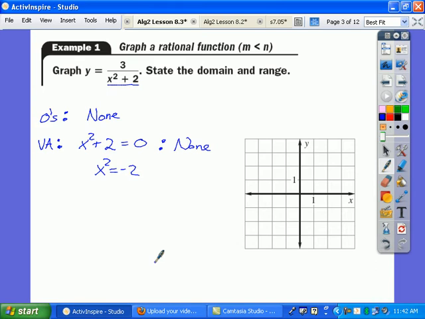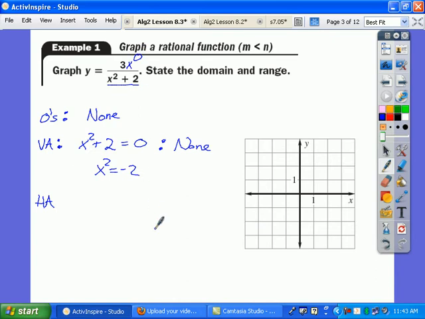Horizontal asymptotes. In this case, we have to talk about the degree of the polynomial. The bottom one is a quadratic. The top one is a constant. The progression goes constant, linear, quadratic, cubic. We could call this x to the 0th power, because anything to the 0th power is just 1.